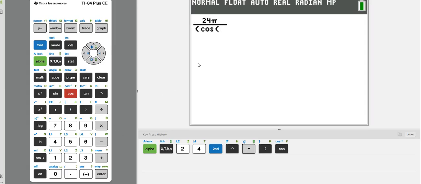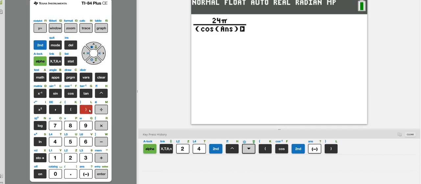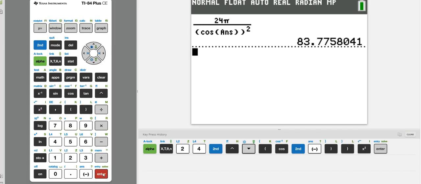My previous answer was the inverse tangent of 1/3. I don't feel like typing that in, so I'll hit the second key, then the opposite key. That way it's got my previous answer in there. I need 2 parentheses. One closes off the argument of the cosine, the other one closes off the denominator, and then I want to square that thing. So there you go. 0.8378, we'll call it.